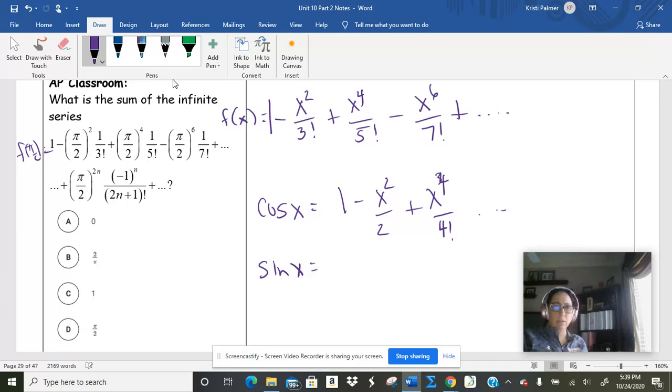Sine starts with x minus x to the 3rd over 3 factorial plus x to the 5th over 5 factorial, and it keeps going as well.